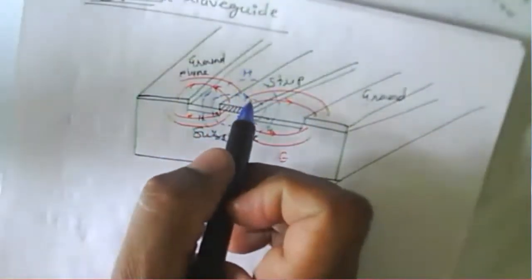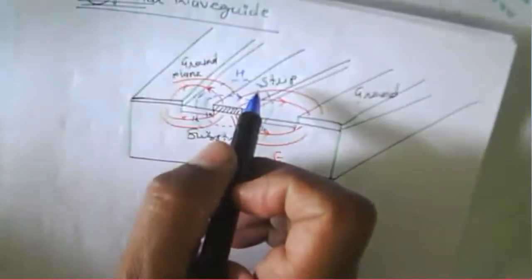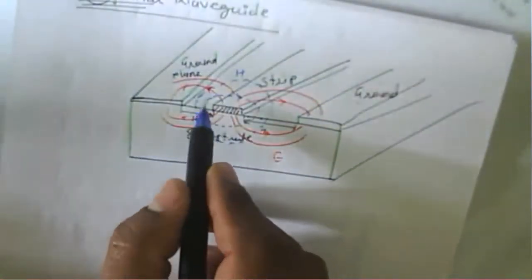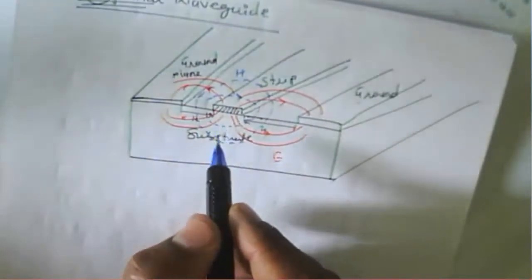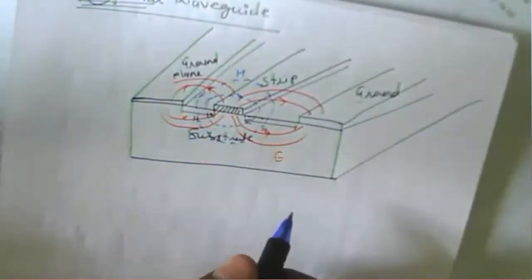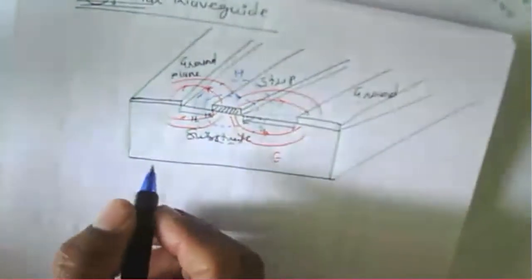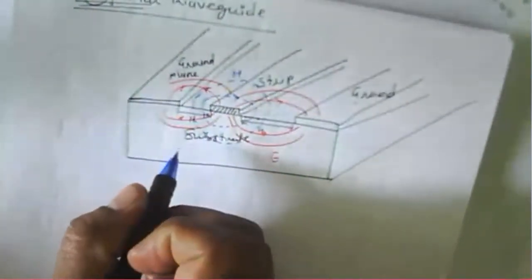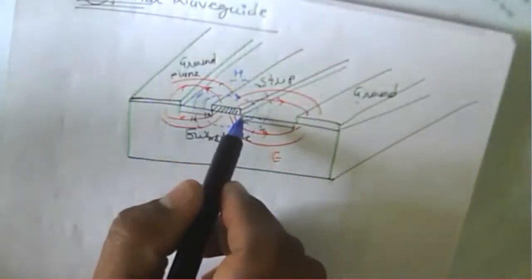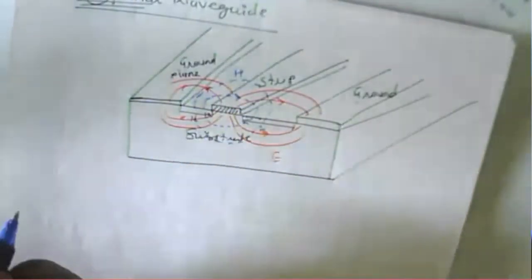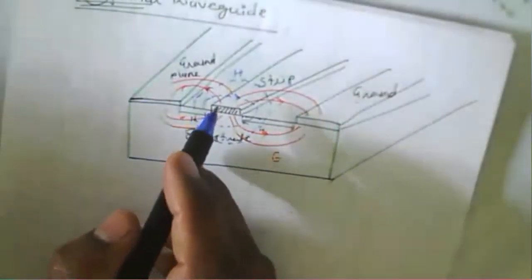Also, this particular line supports various modes, which can be balanced or unbalanced for a given application. So this coplanar waveguide can be used in applications like a balanced mixer or a balanced modulator, because it will be easily balanced.